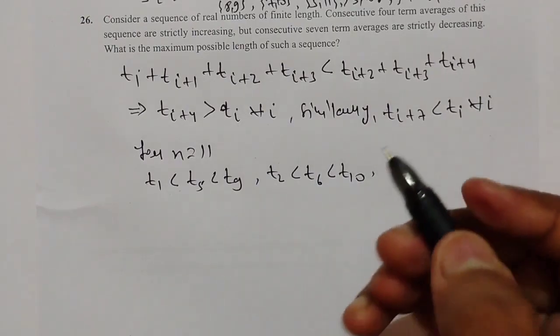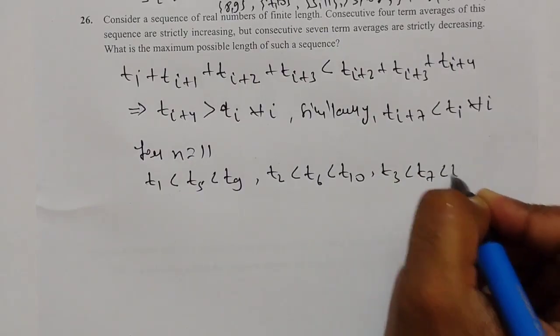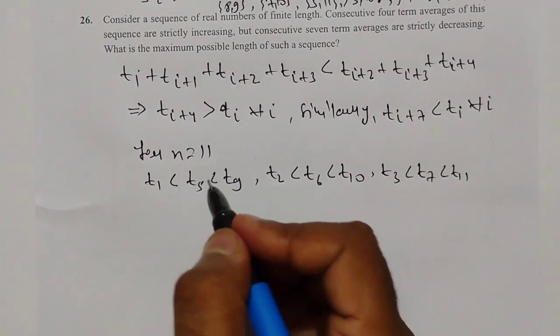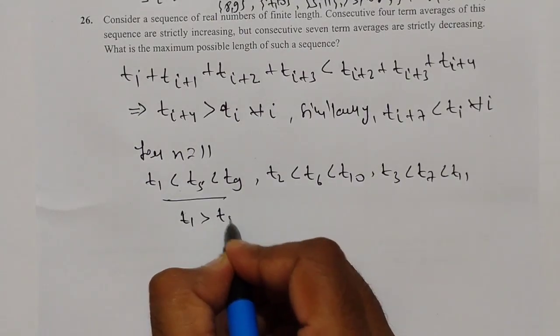Also we have t3 less than t7 less than t11. This is for t1 greater than t8.